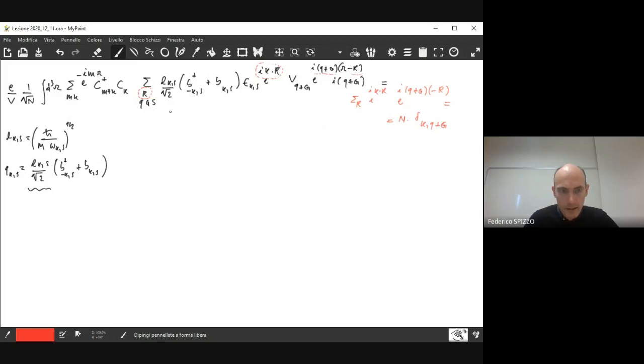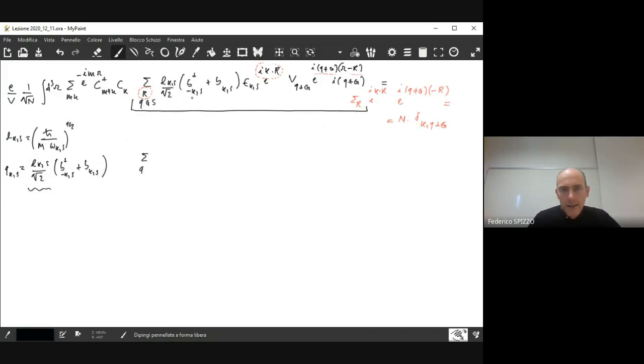I'm sorry for this point. If I just focus on this term and I apply exactly this transformation, then the summation over R disappears. So I have a summation over.